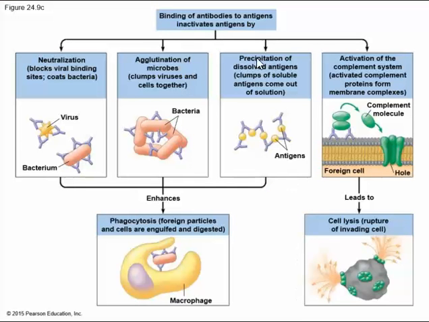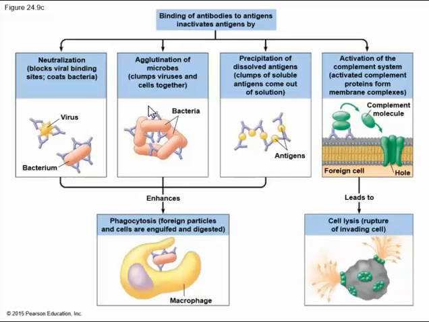Alright, so this illustrates the antibody response. Neutralization. By attaching to the foreign invaders, it neutralizes them, prevents them from infecting cells. Agglutination, the antibody can bind more than one and form a clump.